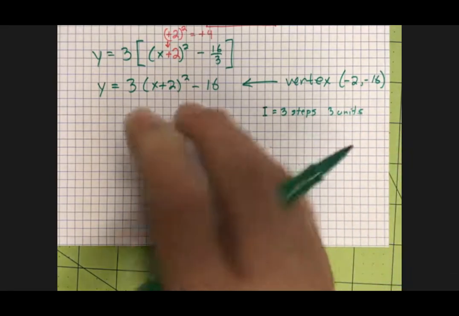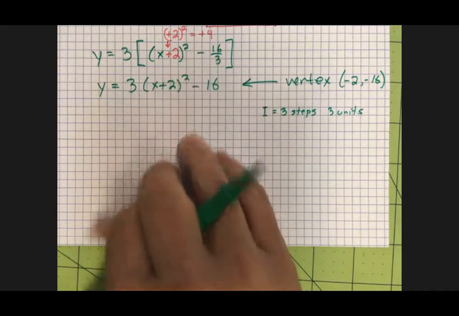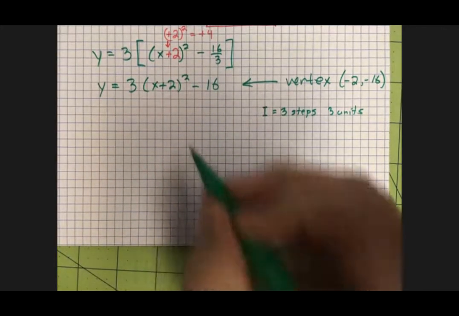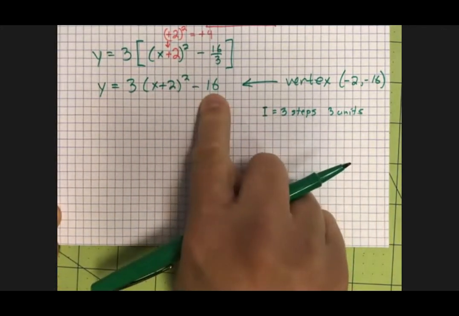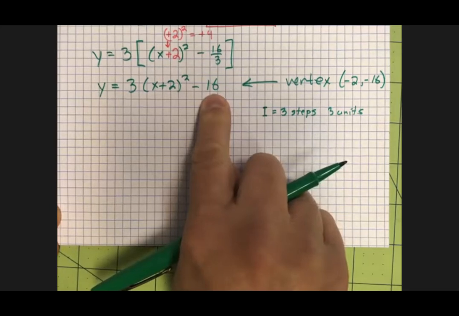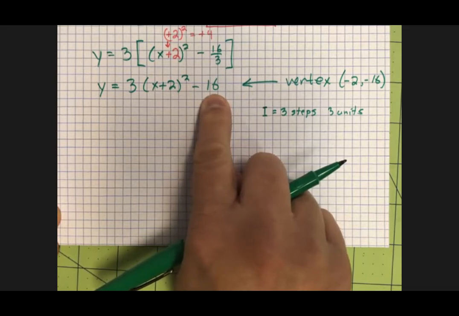And that will condense our graph. Okay, let's try it. Now, you notice I got to dip way down here. I got to dip down to 16. But if every box is worth 3, what is 16? 5 boxes? 5 1/3 boxes, almost 6 boxes.